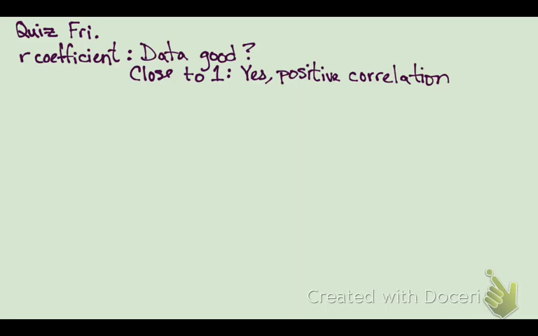Maybe if we had a longer Twizzlers, we could use that to predict how long it's going to take you to get down to the next one, or so on. So, close to 1, then yes, the data is good. It's got a positive correlation.